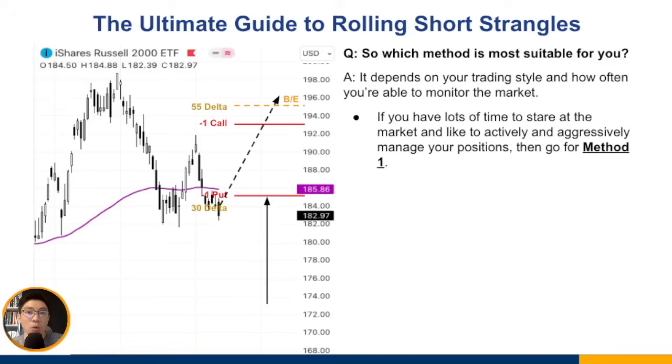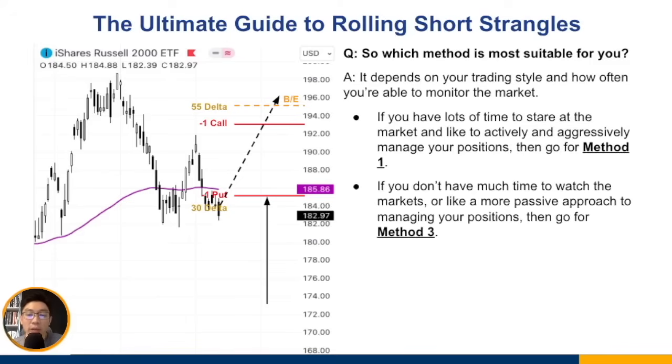So again, there's no one that is best, rather it's just a trade-off. Now, on the other hand, if you don't have much time to watch the markets, or you like a more passive approach to managing your positions, then go for method 3. Method 3 is the most conservative, the most passive of all, because it takes quite some time before your break even is breached, and in many cases, it might not even breach your break even.